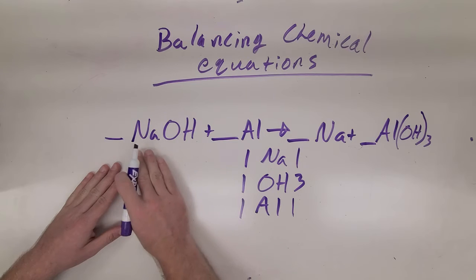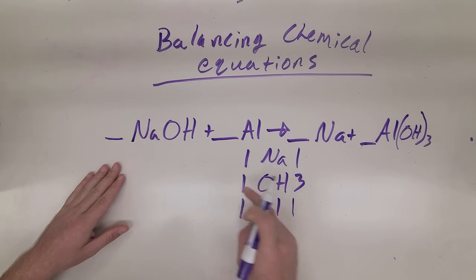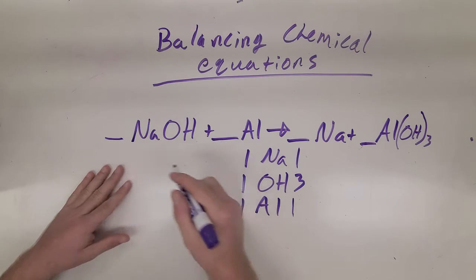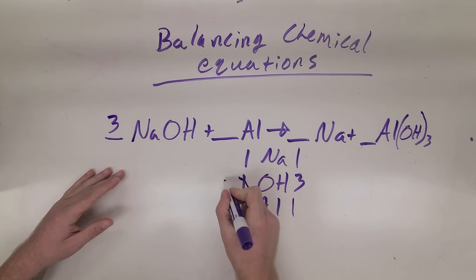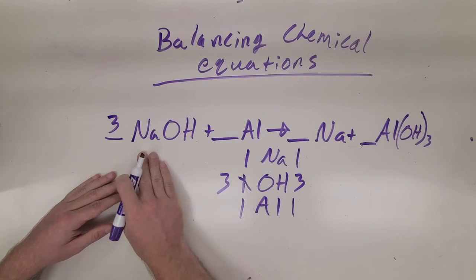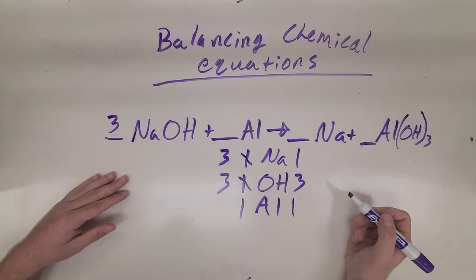That doesn't change that. We got to add the number of sodium hydroxides that will get us to equal the number of hydroxides that's necessary. So I'm just going to put a 3 here, because 3 times 1 will get us 3, and then that's good. But we added more sodium, so 3 times 1 gets us 3 as well.